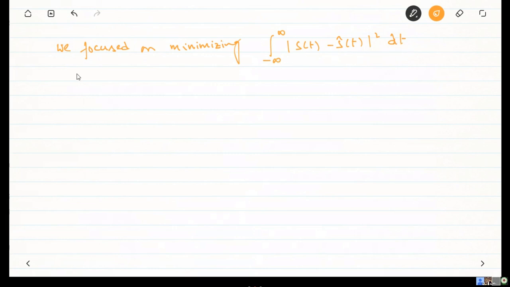We defined the error signal as s of t minus s hat of t, and this is called the mean square error.